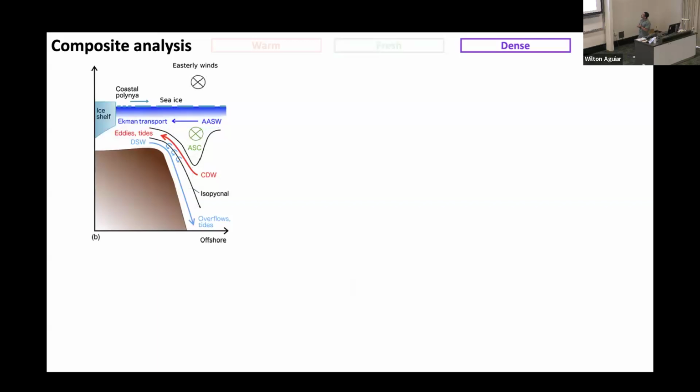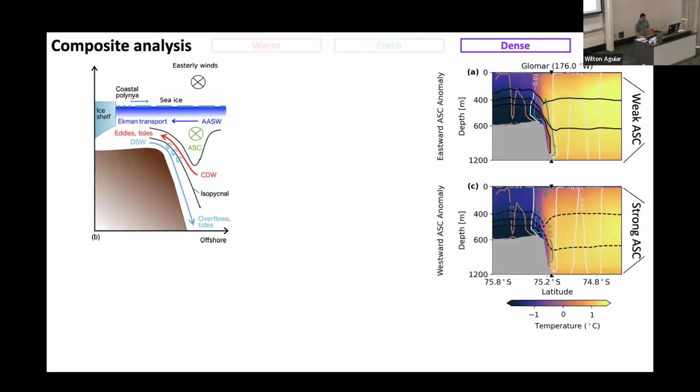Finally, we have the example for the dense region, which is the one where we have this classic V shape in this isopycnal structure. And we also have a westward flowing slope current. In the top, then, we have the composites for the weak ASC, and in the bottom is the composite for the strong slope current case.